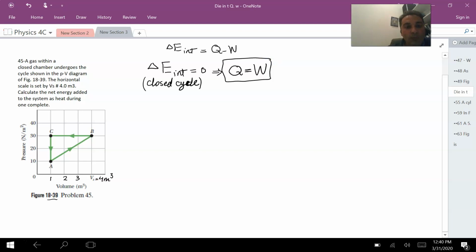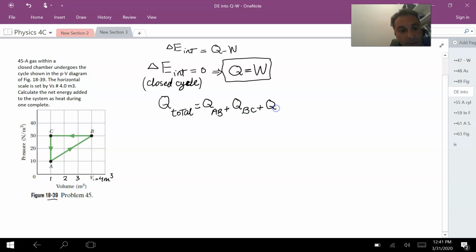So it says calculate the net energy added to the system as heat. Okay, so I have to find total what? Q. Total Q in this system. So what can I say? I can say Q total here is equal to Q in the process of AB, correct, plus Q in the process of BC, am I right?